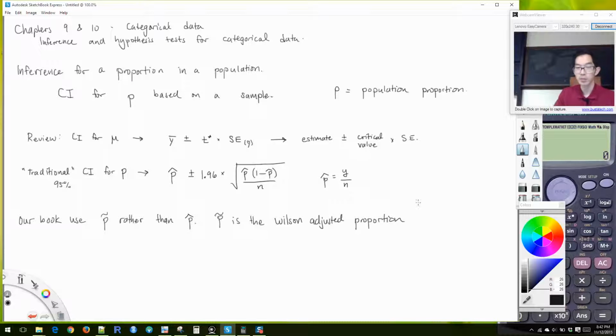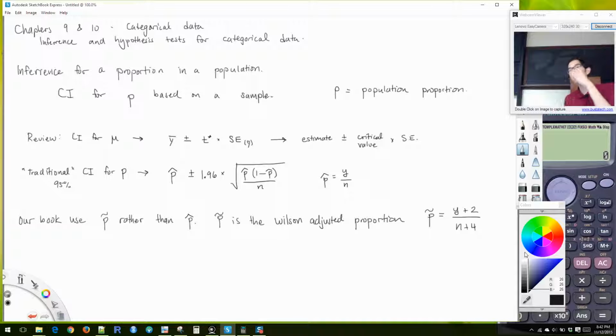And what this is equal to is y plus 2 divided by n plus 4. Okay? And what this does is it helps in extreme situations.